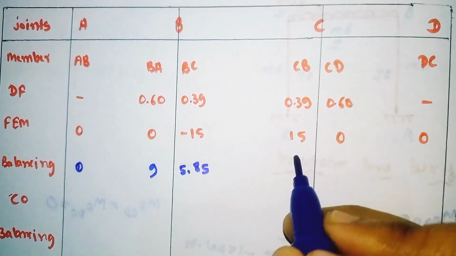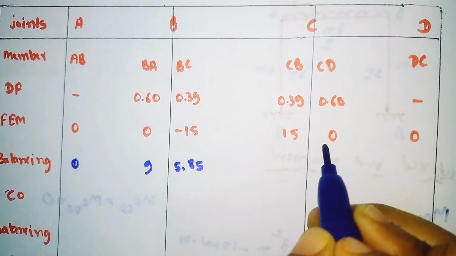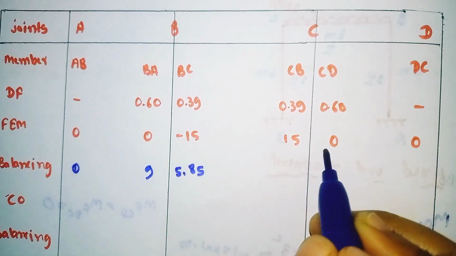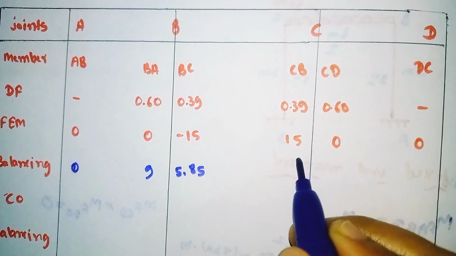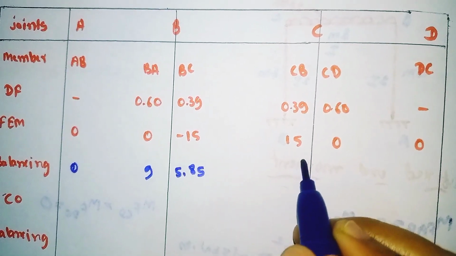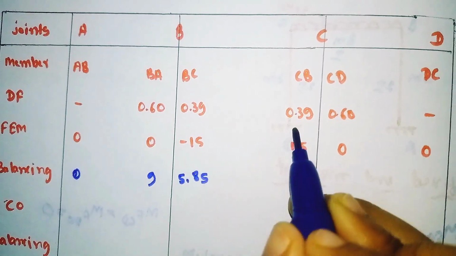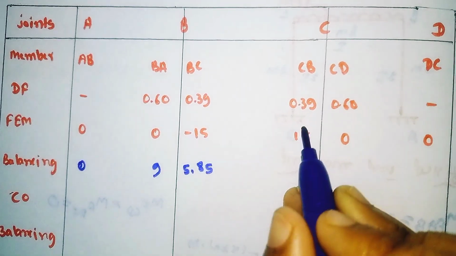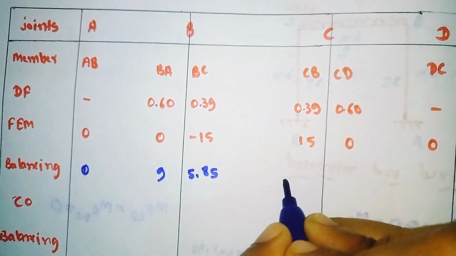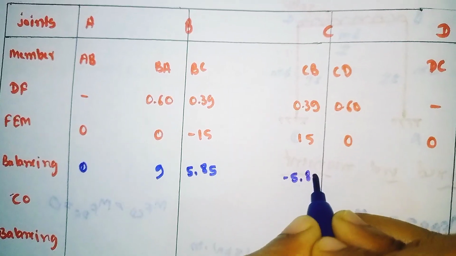Same thing happens here. First add these two. So 15 plus 0, it will obviously come 15. Then make it into opposite sign, that is it becomes minus 15. Then minus 15 into 0.39. Multiply minus 15 into 0.39. It will come out as minus 5.85.